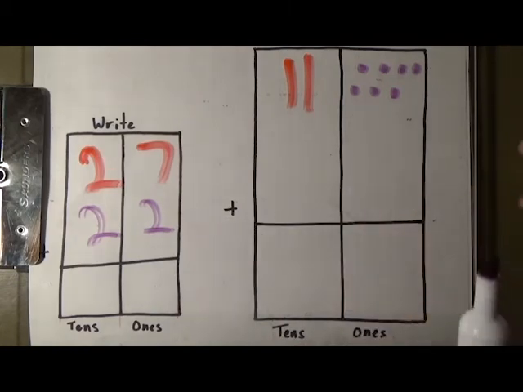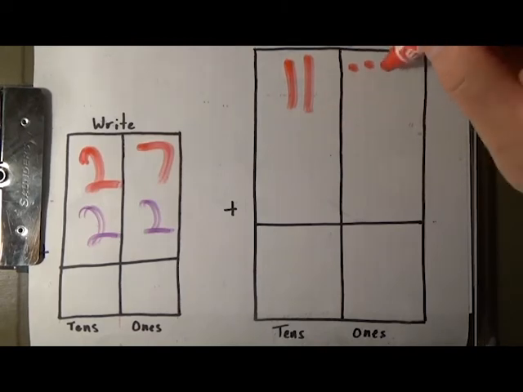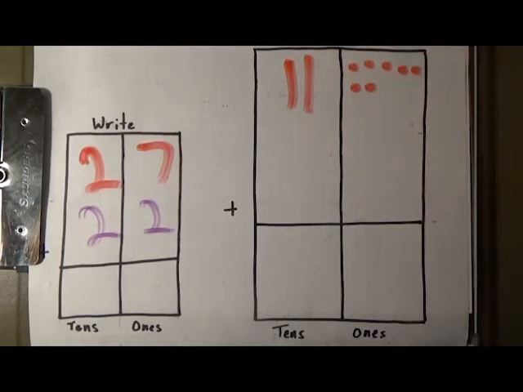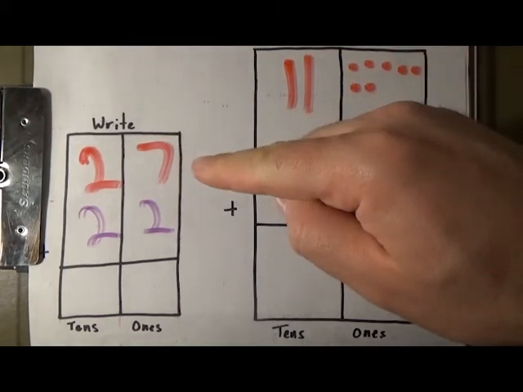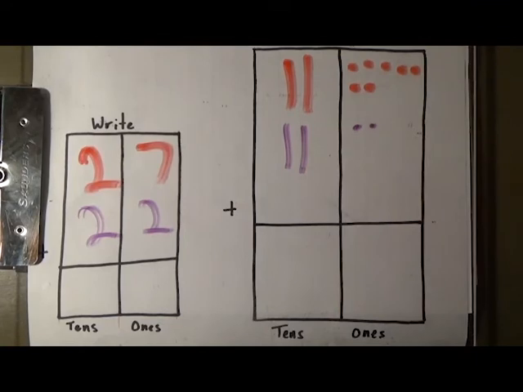Oop, sorry about that. So we have 7 ones in 27. Then let's look at 22. We have 2 tens, and then we have 2 ones.